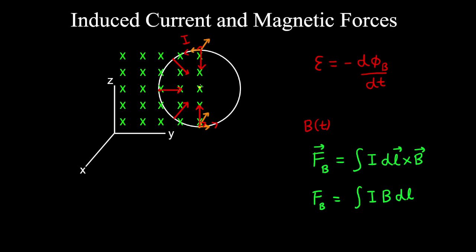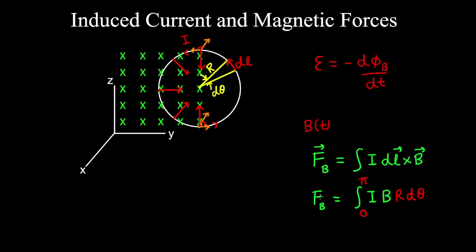And a differential length vector along the loop, if we take this as dθ, and we have the radius of the loop, then dL has a magnitude of r dθ. And we can integrate from θ equals π/2 to 3π/2, or 0 to π, and you'll still get the same answer.